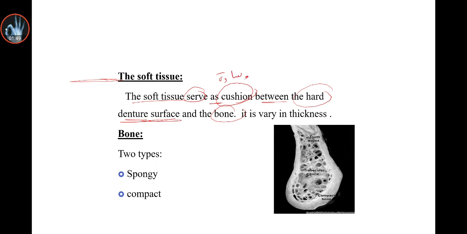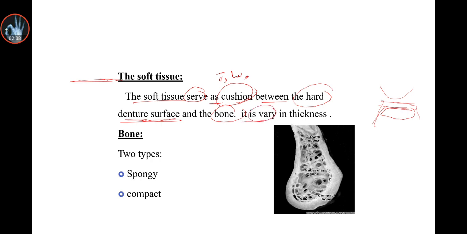Okay. between the hard denture، عندنا denture الطقم، والبون هنا العظم، في بينهم soft tissue وهي الأنسجة الناعمة، فهي تعمل كأنها وسادة بين الشيئين.